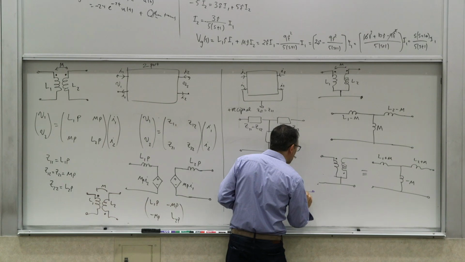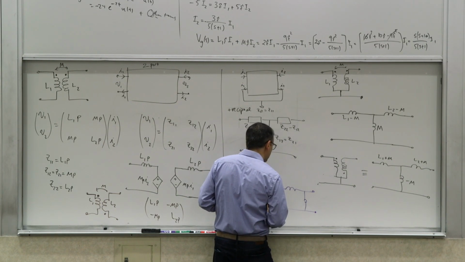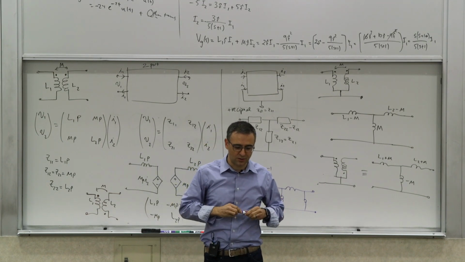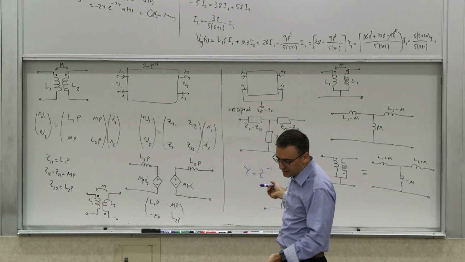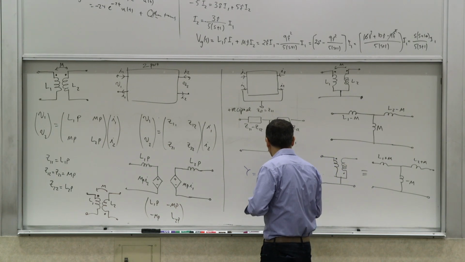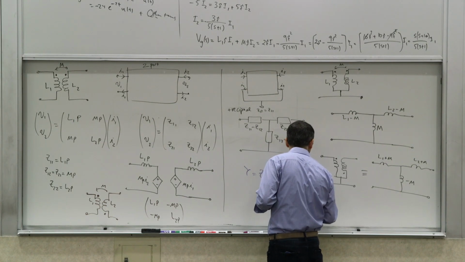and if you take Y, that leads to another equivalent model, a little bit less useful. But I'm just going to draw it so that you know what we call a pi model, because it looks like a Greek pi, right? And the values of these things, if you do this matrix inversion, this is what we call LA prime, LB prime, and LM.